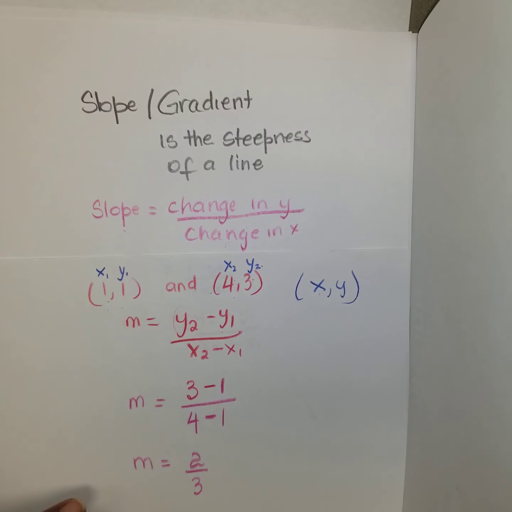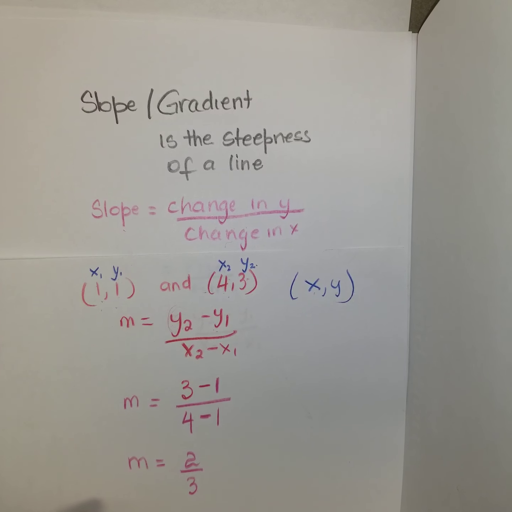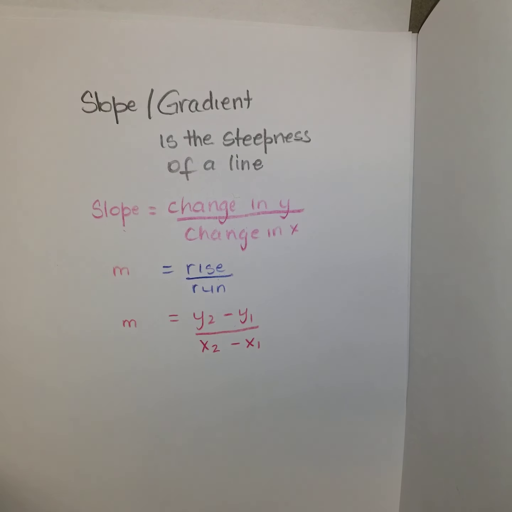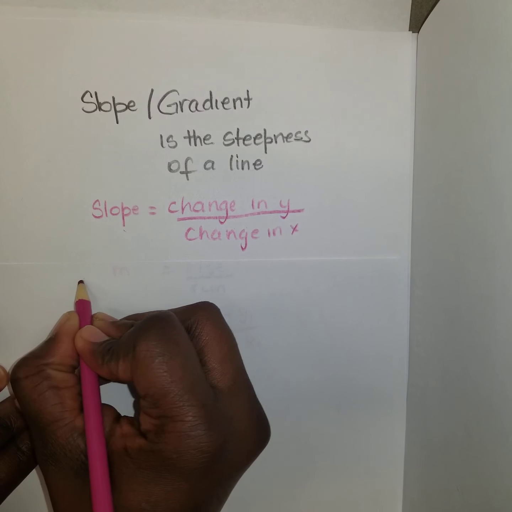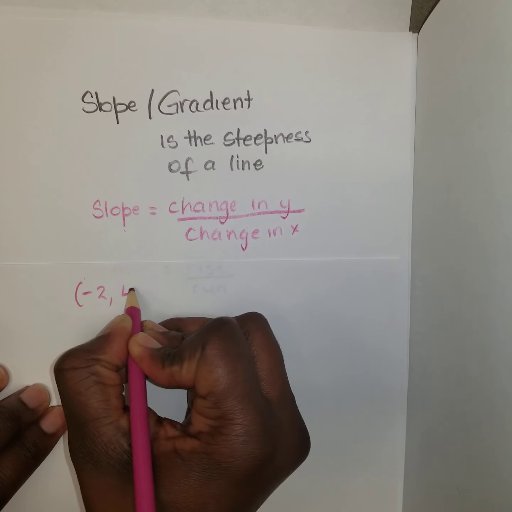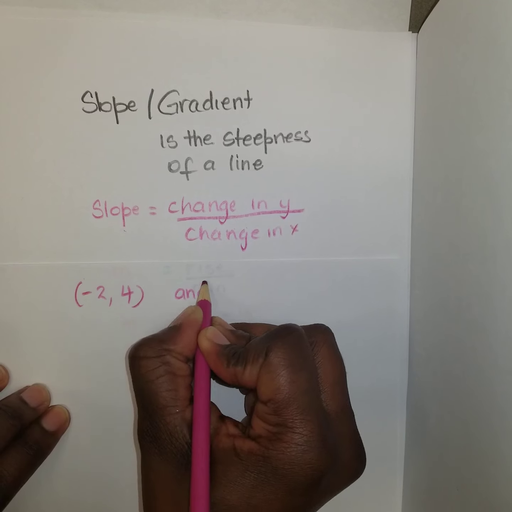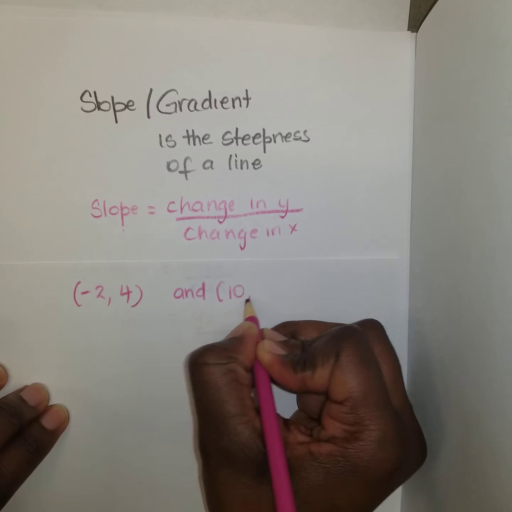Okay? Very good. Let's go for another one. This one will have a negative number in it, but the principle still applies, guys. So the points are -2, 4, and 10, -2.